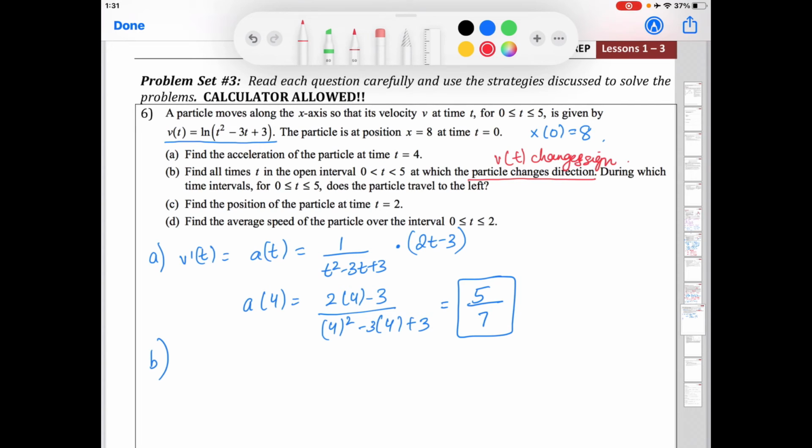So we can take our velocity equation and set it equal to 0, and find our values for t. Since it's a calculator question, if you're looking at the graph, you're going to look for the interval where the graph is below the x-axis. If I was to do this algebraically, I'm going to take my velocity equation and set it equal to 0.